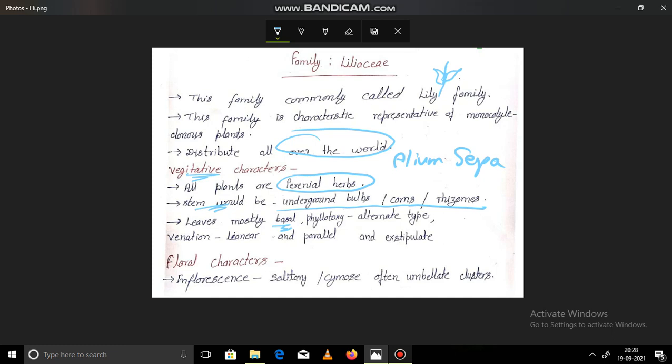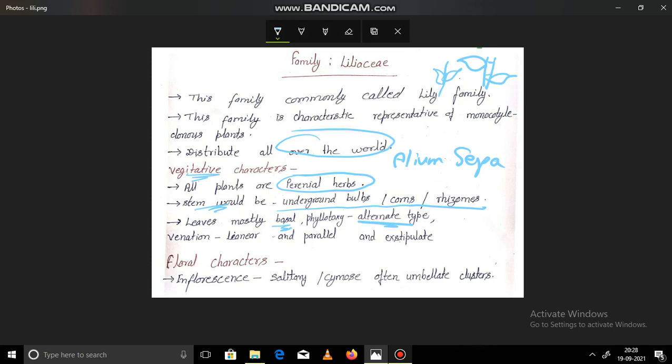Next, they are alternate type. What do you mean by alternate type? In a stem you can find nodes. If one node has a leaf, the next node will have a leaf on the other side. That is called alternate type. So they might be basal, they might be alternate, and the venation is parallel.